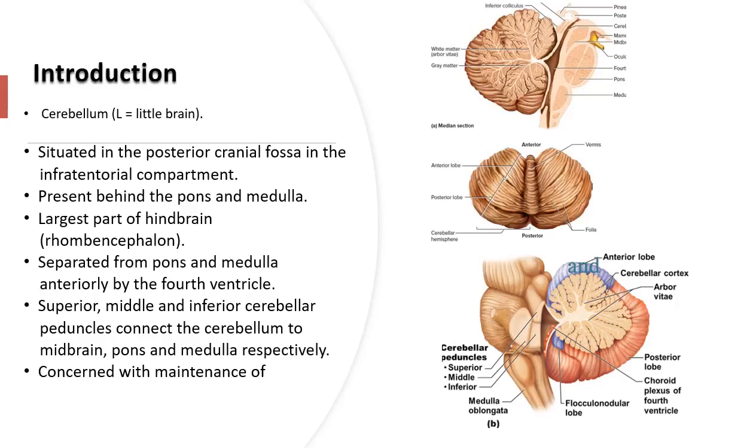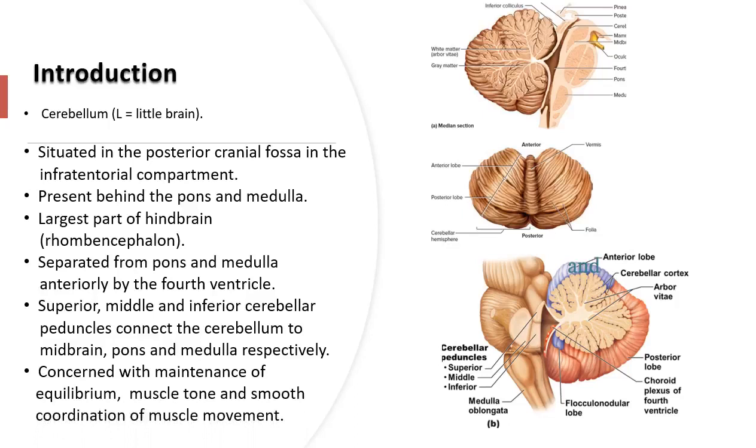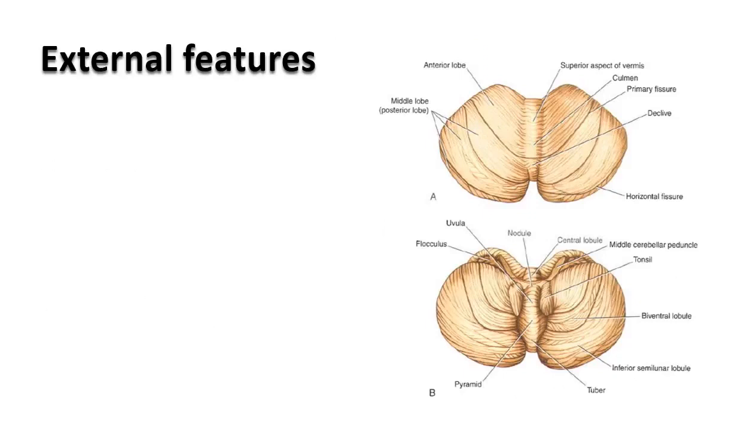For a skill to occur, there should be some adjustments needed in the muscle, and that information is given by the cerebellum, not directly but also indirectly. So it is mainly concerned with equilibrium, muscle tone, and smooth coordination, especially of skilled muscle movements. With this short introduction, we will pass on to the external features.